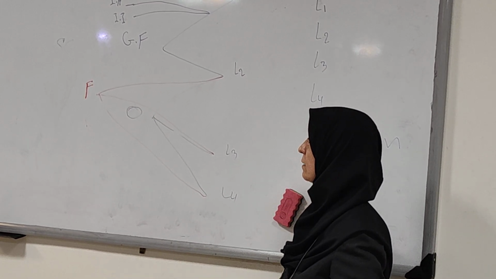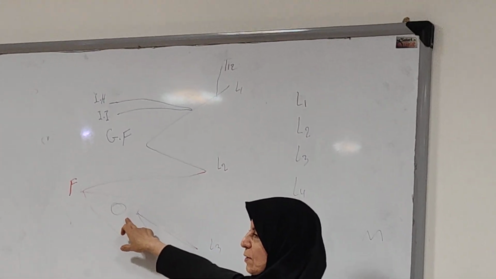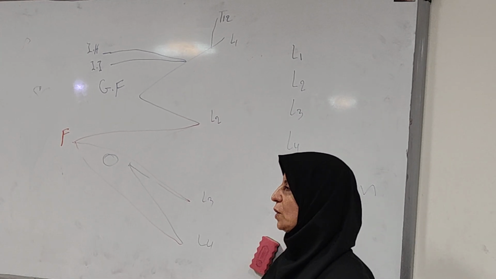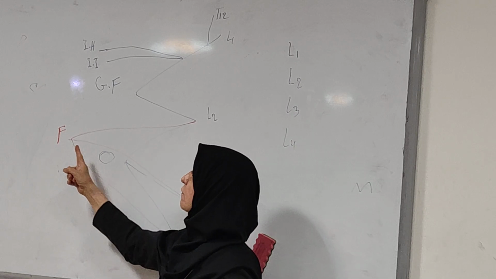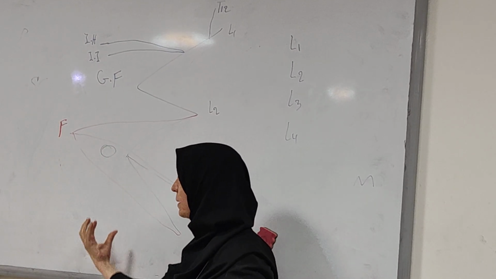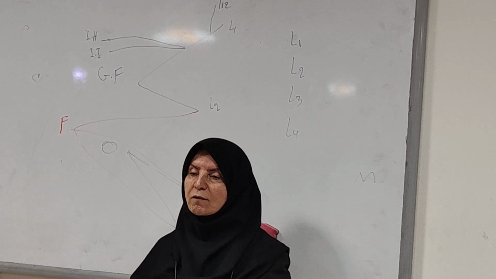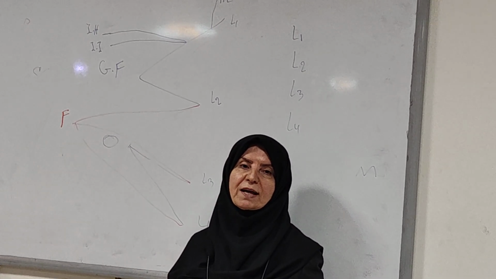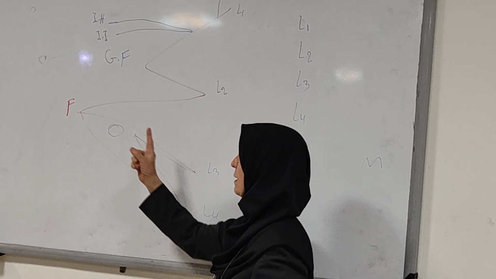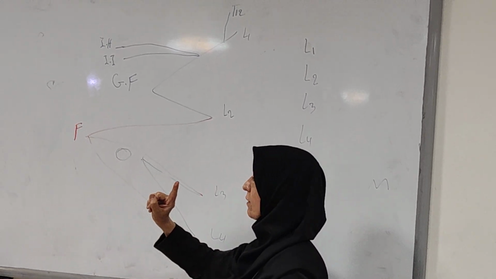Medial compartment, the obturator nerve is responsible. Belongs to which plexus? Lumbar plexus. So obturator nerve and femoral nerve belong to the lumbar plexus. They are coming to the lower limb to innervate some of the muscles, some part of the skin.